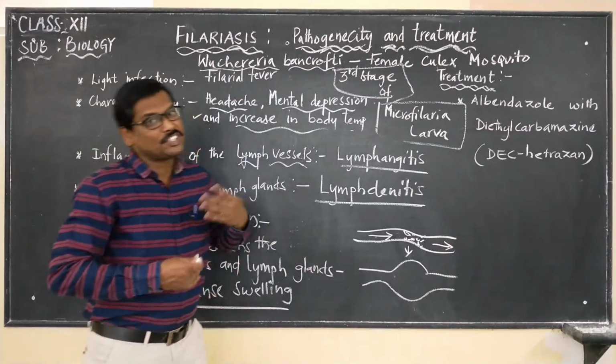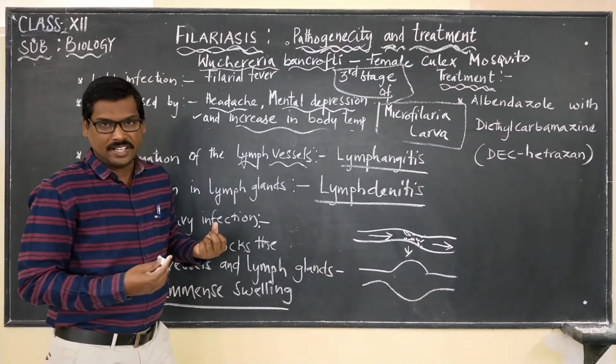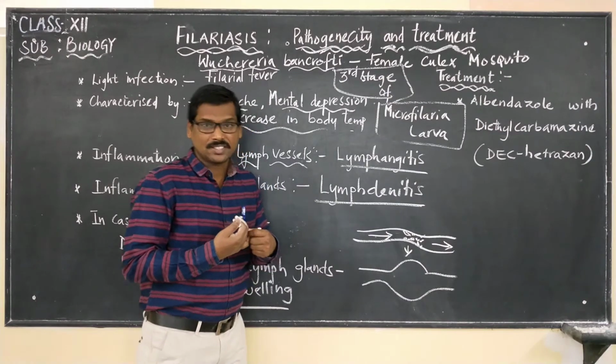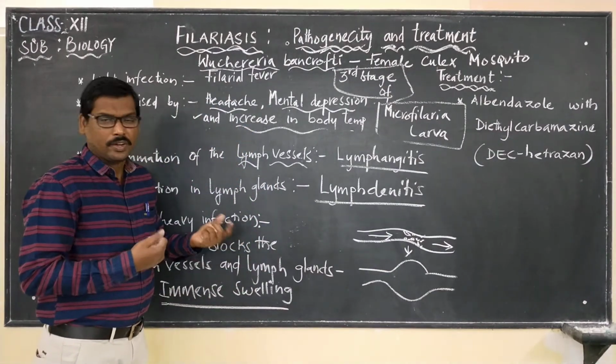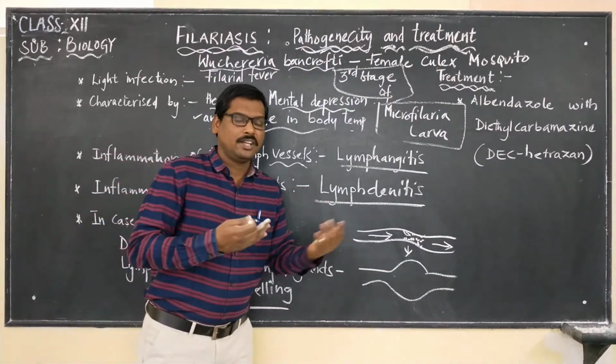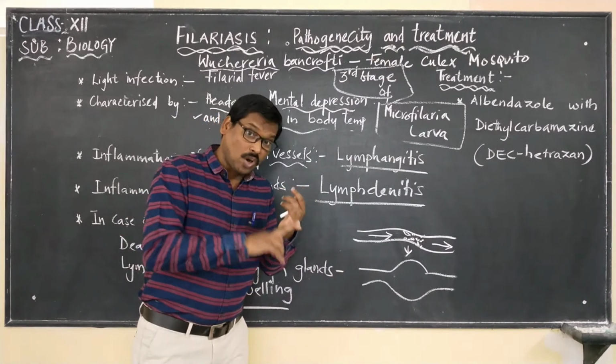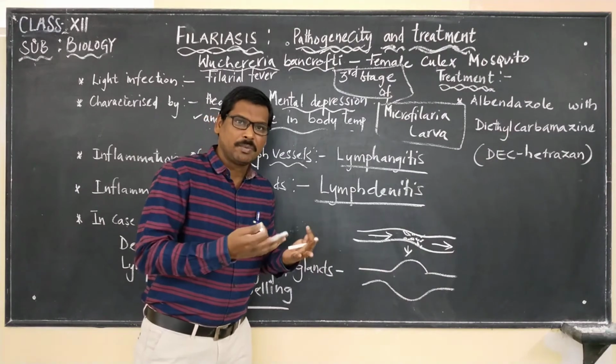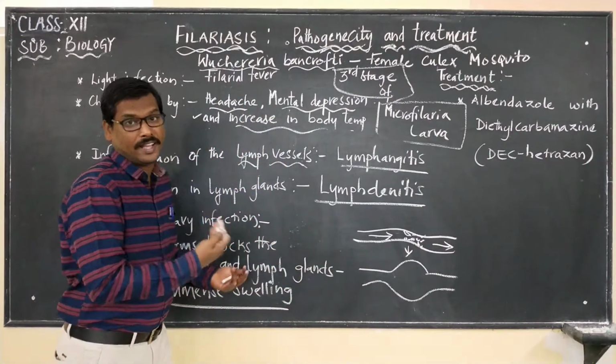We already said which regions it affects more: the legs and the genital organs. In men, both the scrotum and the legs are more commonly affected. In women, it mostly affects the legs.